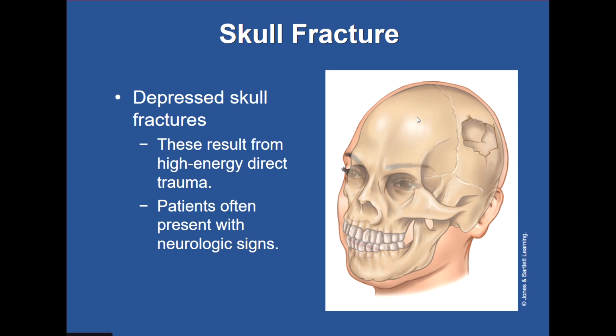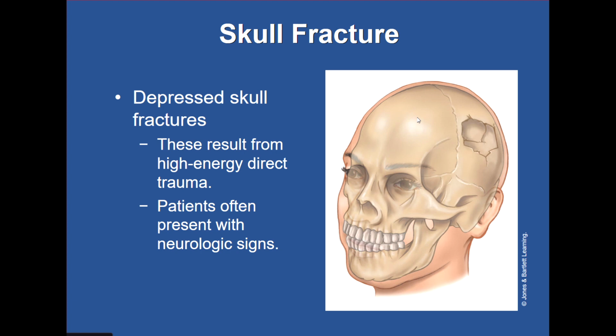If you come across a depressed skull fracture, this is usually very high energy, direct trauma in a smaller area. So it's not spread out as diffusely as that linear fracture is. Usually there's been a loss of consciousness that goes along with this.